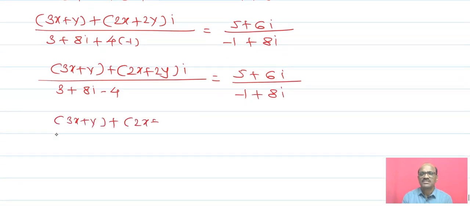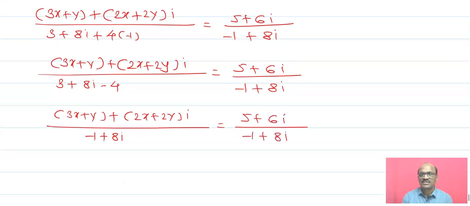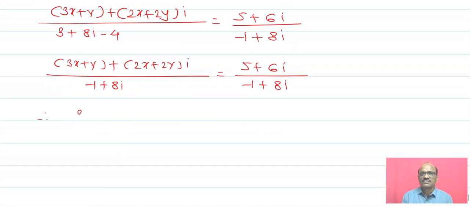So 3x plus y, and in the next bracket (2x plus 2y) into i, upon minus 1 plus 8i, that is equal to 5 plus 6i upon minus 1 plus 8i. Now minus 1 plus 8i in the denominator on both sides gets cancelled.